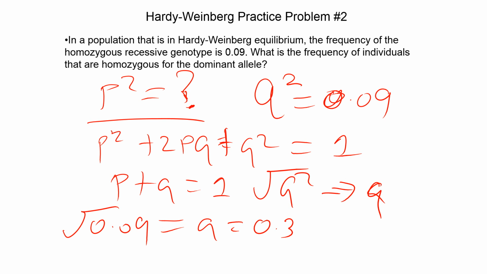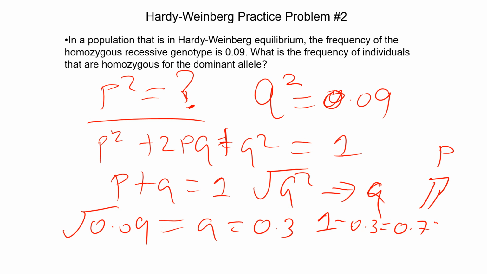Now we have q. We know p plus q equals 1. So now 1 minus 0.3 equals 0.7, and that is p. How do we get p squared? All you do is take p, which is the allele frequency of the dominant allele, and square it.